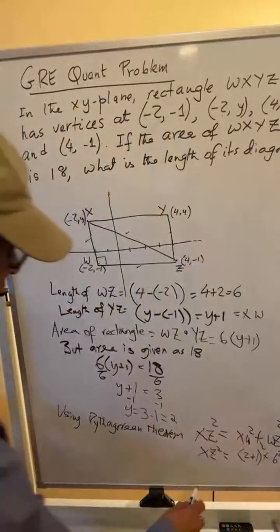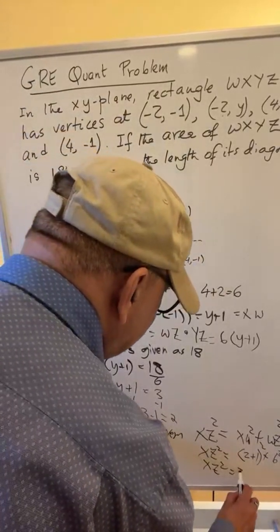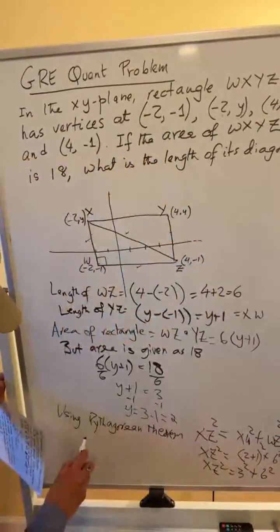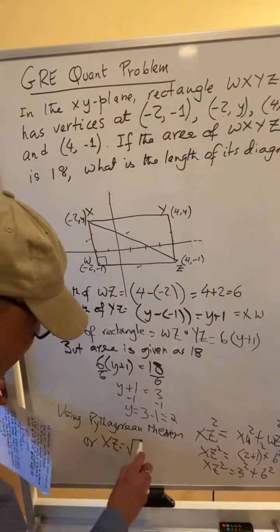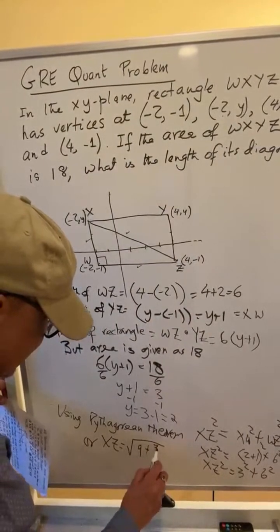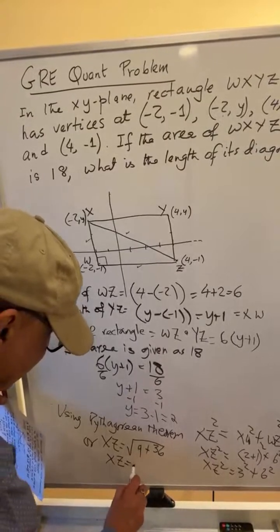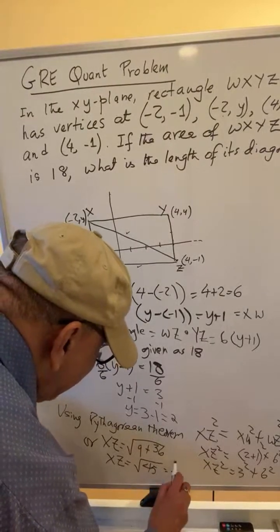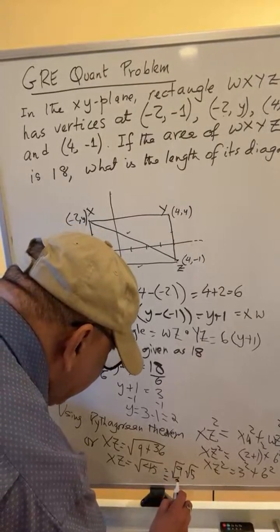Okay, so that means XZ square is equal to 3 square plus 6 square, or XZ is equal to the square root of 3 square is 9 and 6 square is 36. So XZ is equal to the square root of 45, which may be written as square root of 9 times square root of 5, or 3 square root of 5.